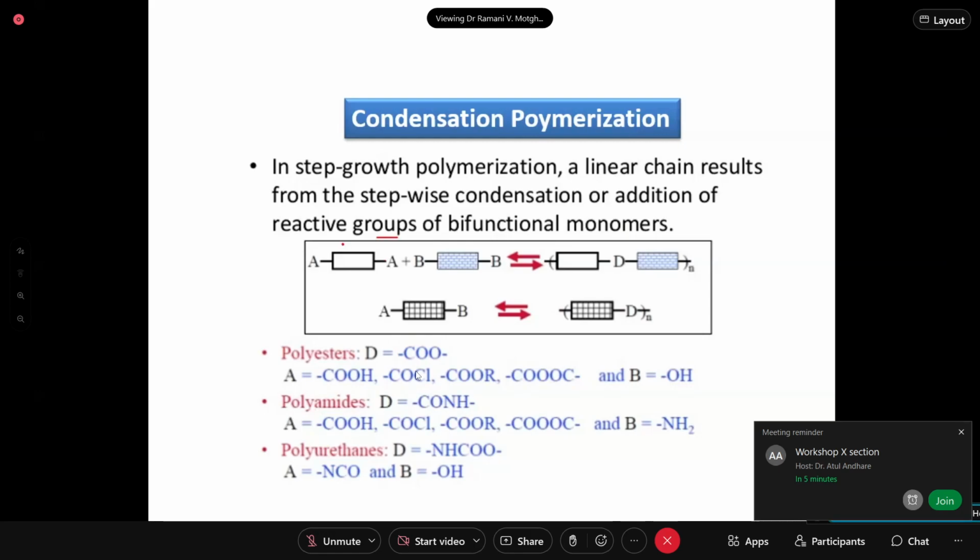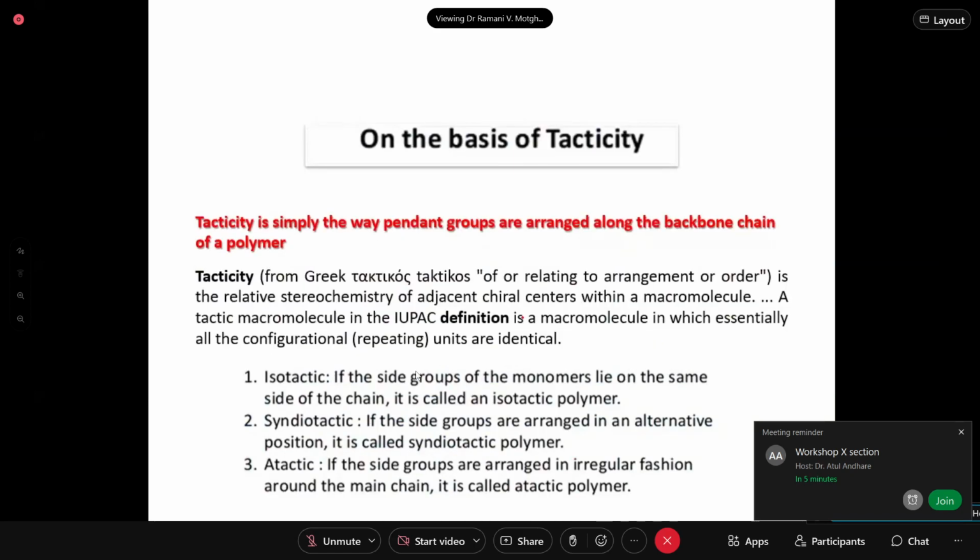Like this is your A part, this is your B part. So it gives formation of such type of compound.